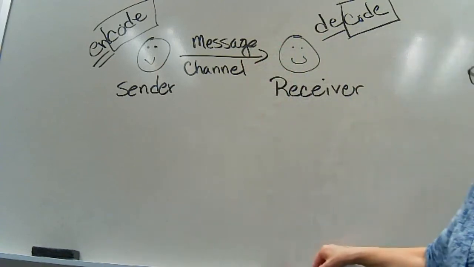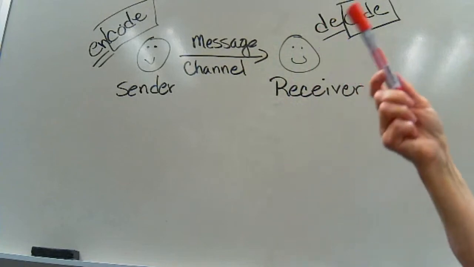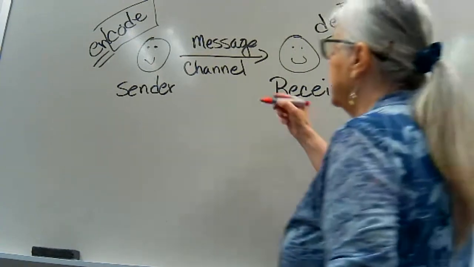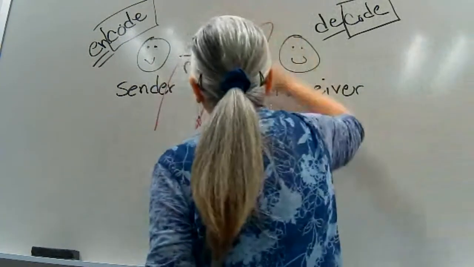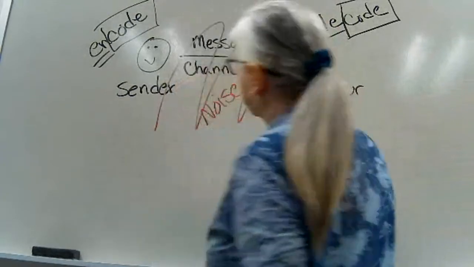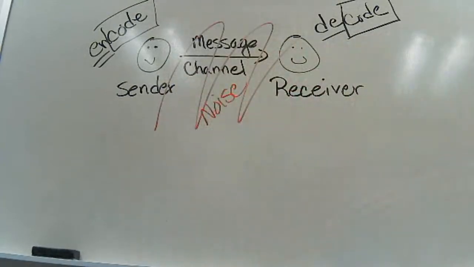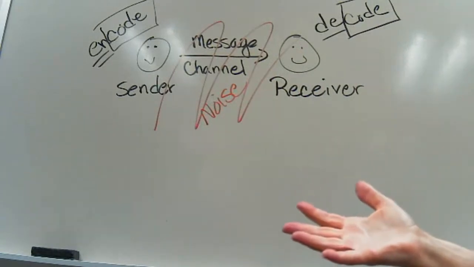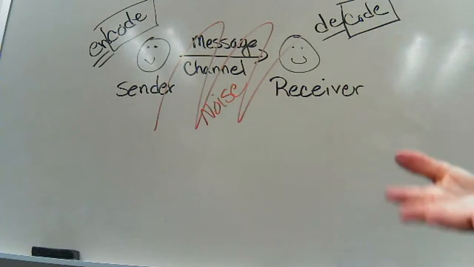And the reason is because there is going to be, and you can see it on your little diagram here, what we call noise. And I actually like to do it this way. Noise. Noise, oh my gosh, there are so many types of noise out there.